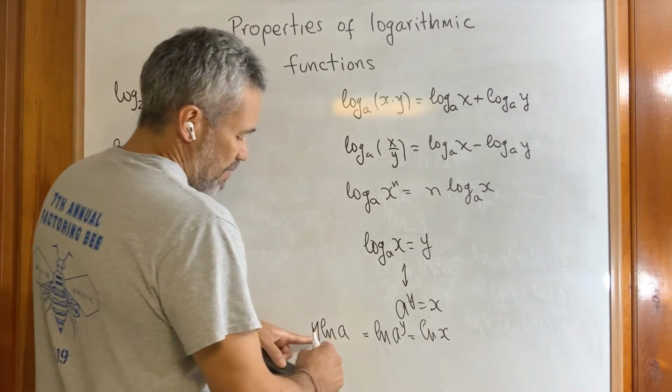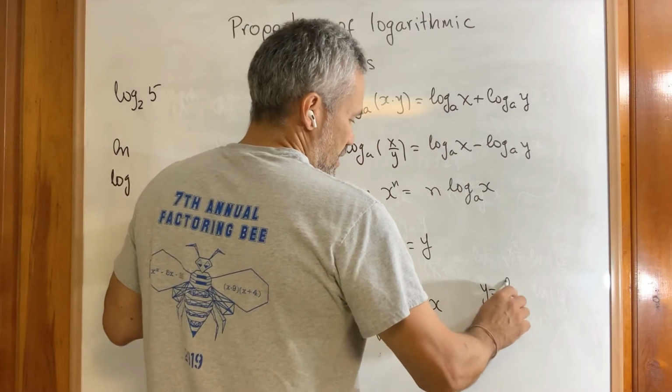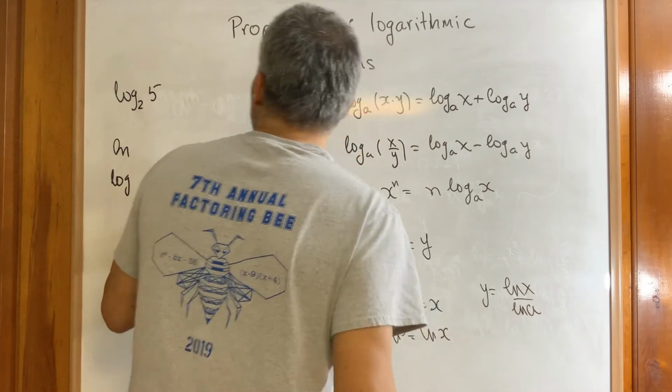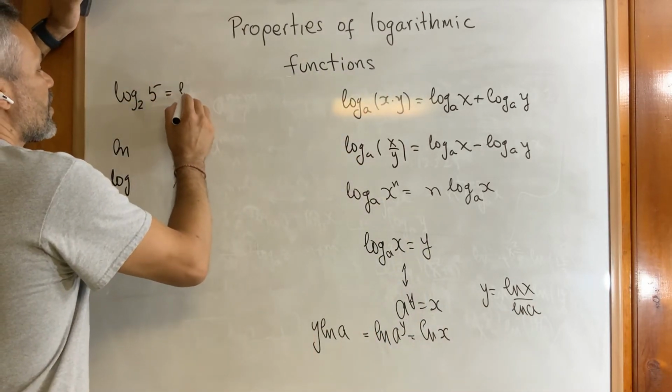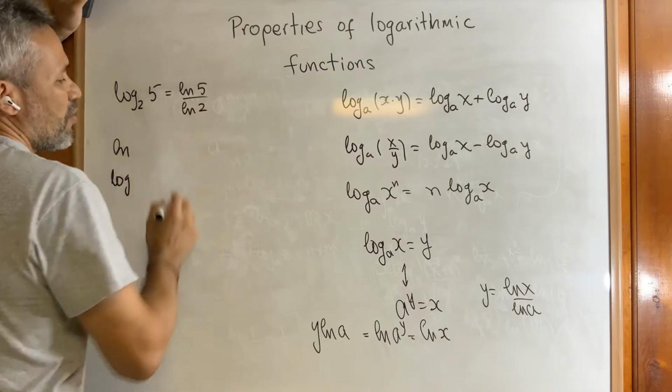And when we divide by natural log of a in both parts, we get that y is natural log of x over natural log of a. Then if we want to compute this using the calculator, we will get natural log of 5 over natural log of 2.